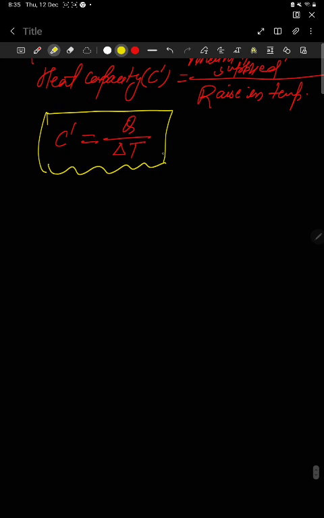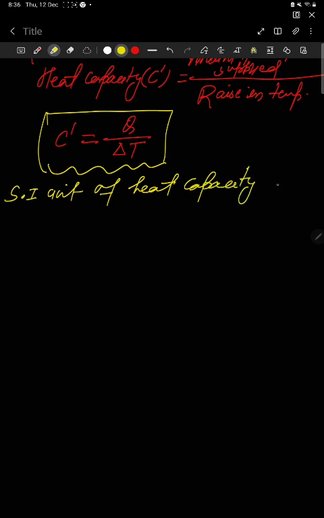Now through this expression we can determine the unit of heat capacity. The SI unit of heat capacity: we know the SI unit of heat is Joule, and the unit of change in temperature is Kelvin.